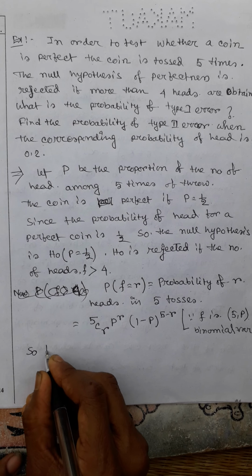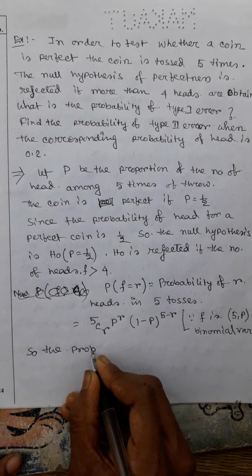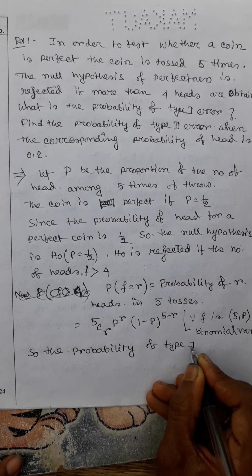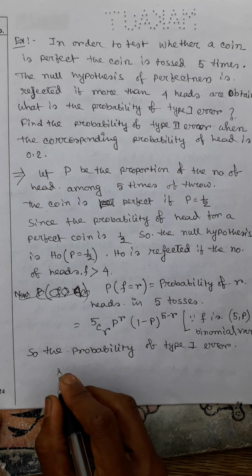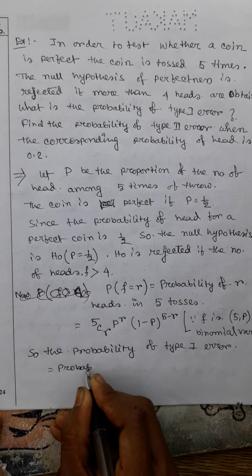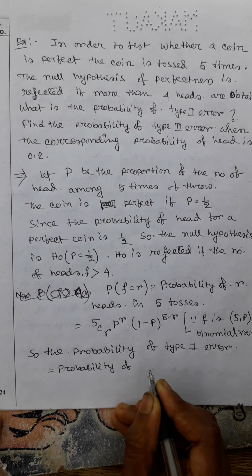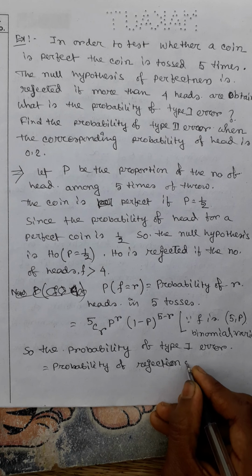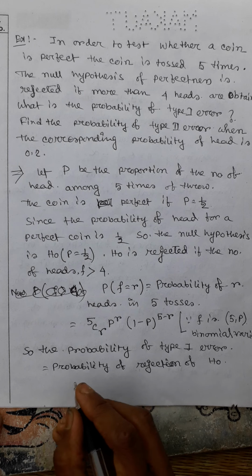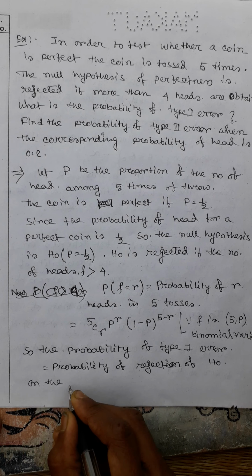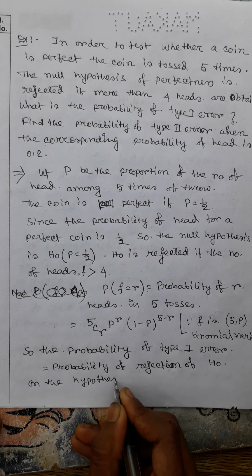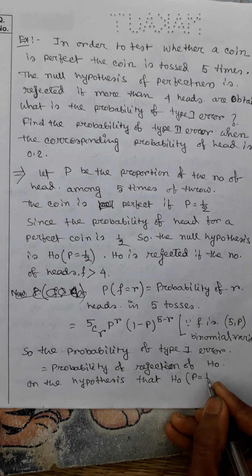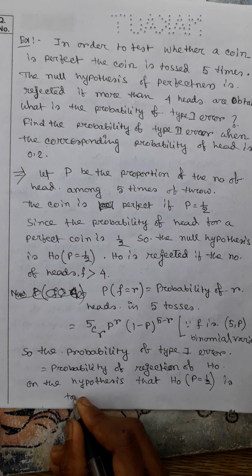Okay, so the probability of type 1 error is equal to the probability of rejection of H0 on the hypothesis that H0, P equals half, is true.